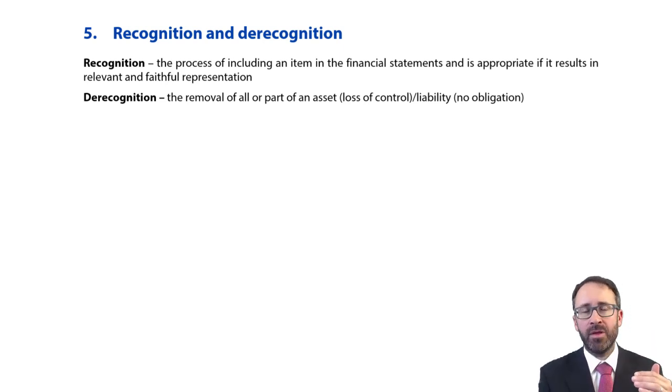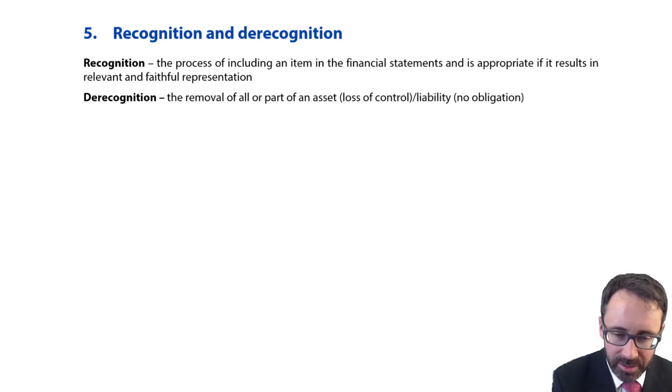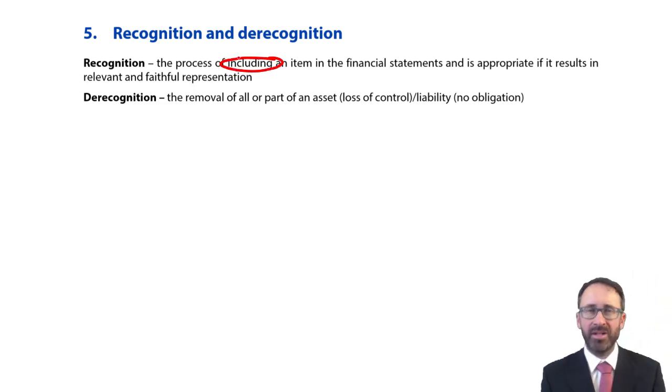So we have within the framework the baseline benchmark definitions for recognizing assets, liabilities, and also de-recognizing the assets and liabilities. Again, the recognition criteria is different from what we had previously. So now it says that the recognition criteria is about including it in the financial statements.